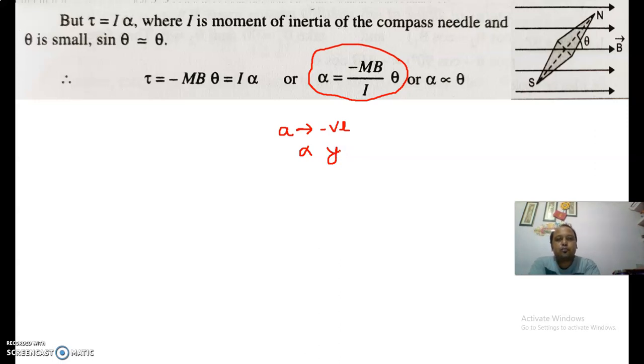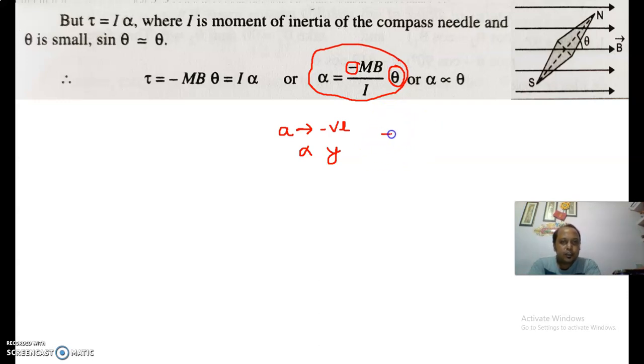So for a motion to be simple harmonic, acceleration has to be negative and directly proportional to the displacement. Now the same is the case here. Here we are considering rotational motion, so instead of linear acceleration we have angular acceleration alpha, which is negative and directly proportional to the angular displacement.